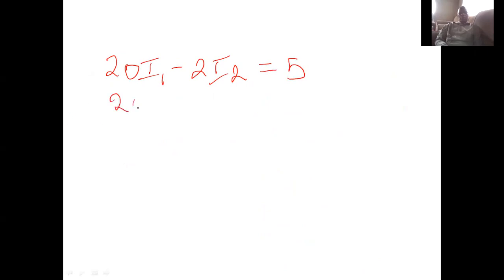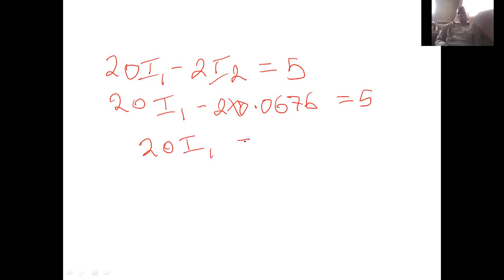And so we have 20I1 minus 2 times 0.0676 amps, which we got, should be equal to 5. So we can say 20I1 is equal to, when you multiply this one and then you add it, 5.1352.